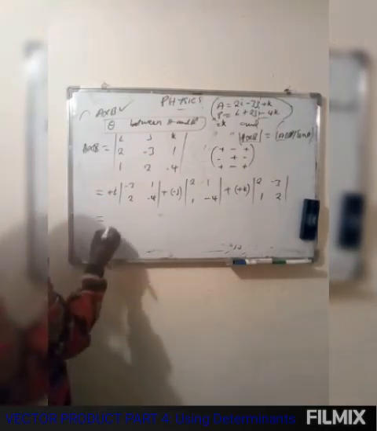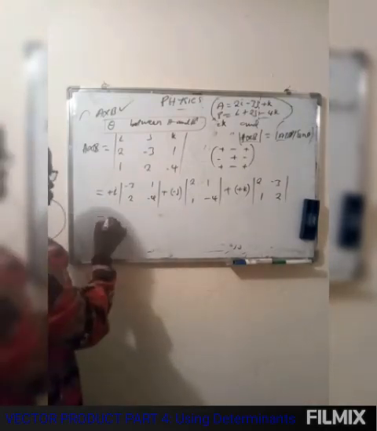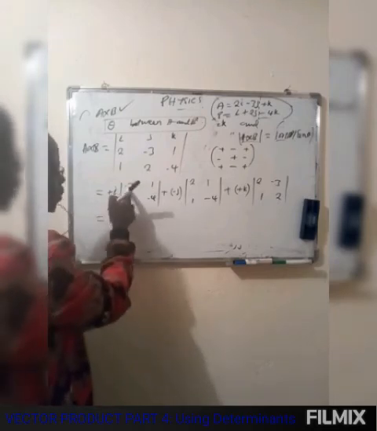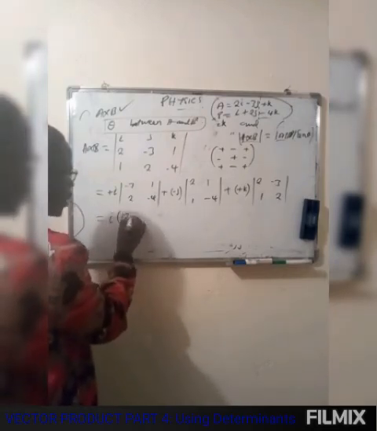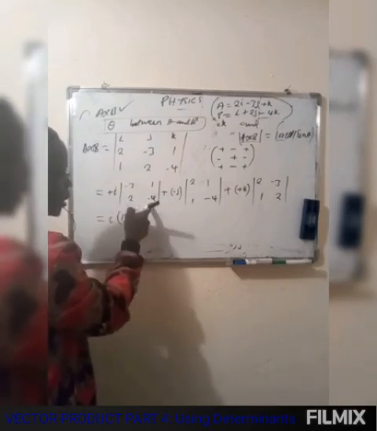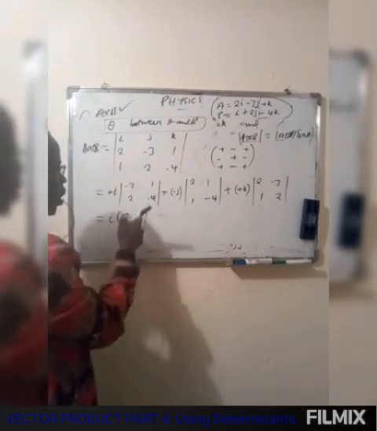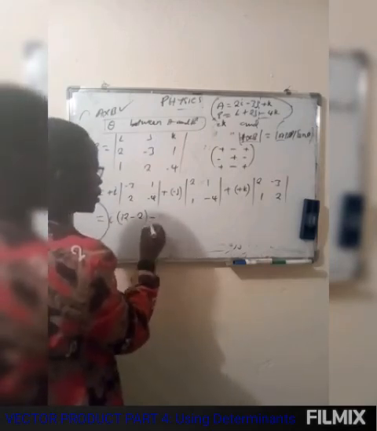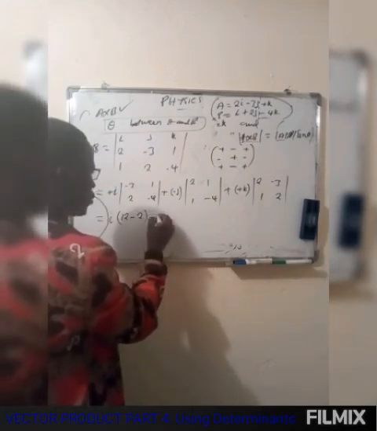And then you go ahead to find now the determinants of those minors. So this is going to be equal to, this is positive, this is i, right? And then multiplied by, this is 12 minus 2, isn't it? Negative 3 by negative 4, that is 12. 2 by 1, that is 2. So minus that. And then you say minus j.